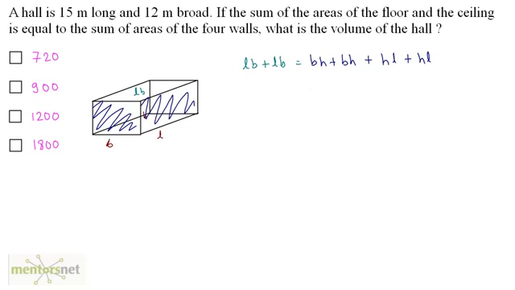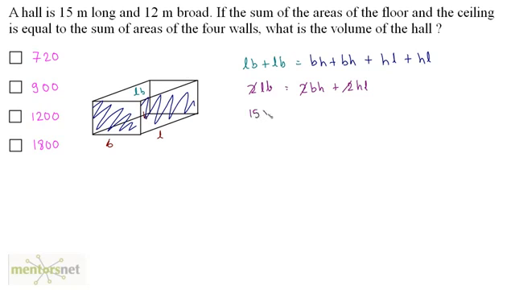So we have this equation. We can calculate H from this. So we have 2 times LB is equal to twice BH plus twice HL. So these 2's cancel out. We have L times B. What is L times B? Well, length is 15, breadth is 12.